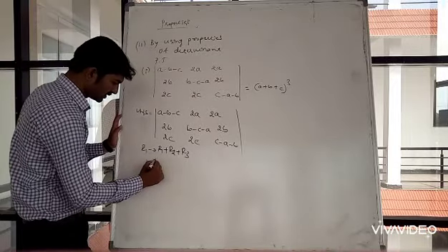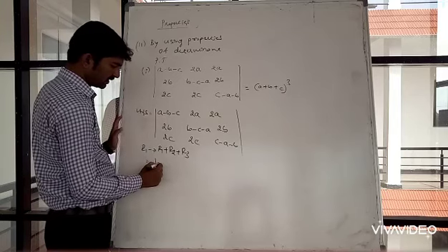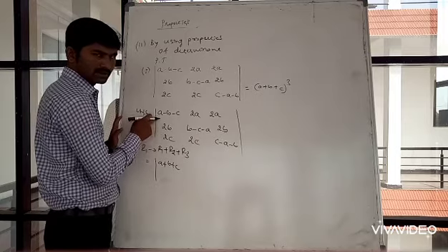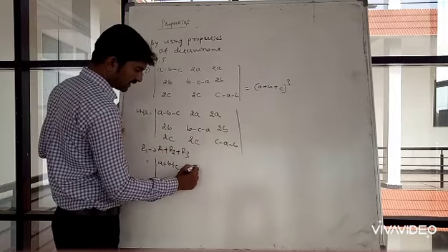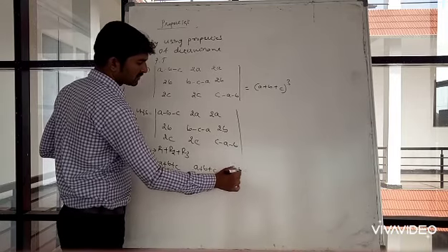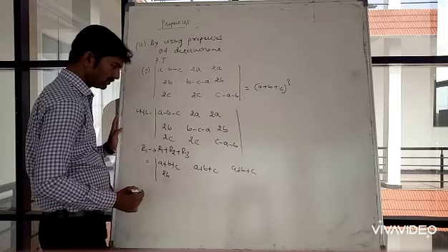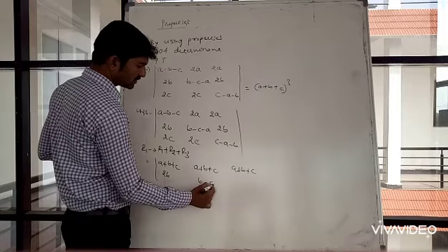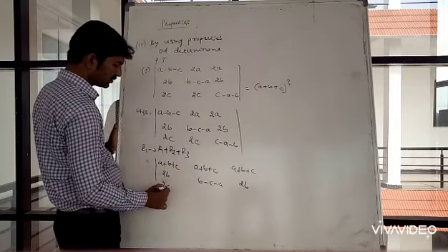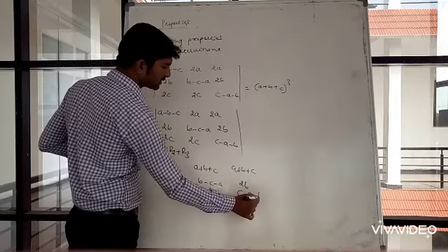So LHS is equal to, after simplification, we will get a plus b plus c only, right? Here also same a plus b plus c. It is also same a plus b plus c. Remaining as it is 2b, b minus c minus a, 2b. Third also as it is 2c, c minus a minus b.